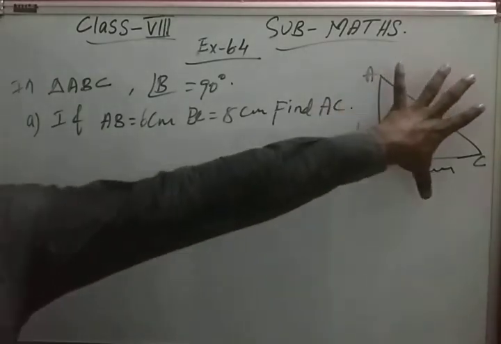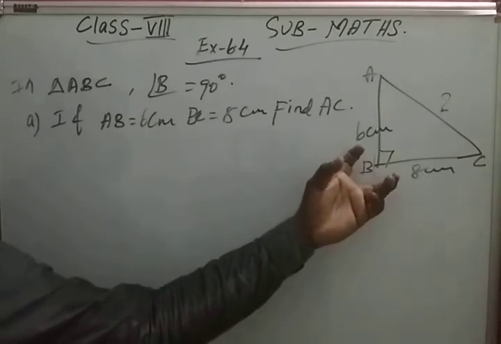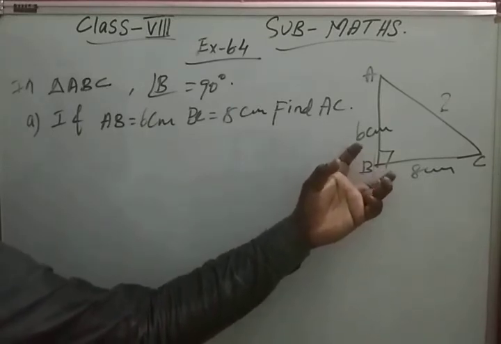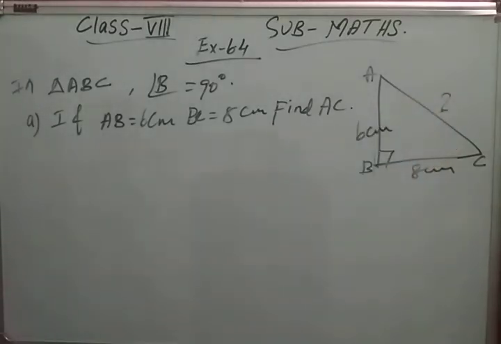When you see this picture, you may remember the Pythagoras theorem: the sum of the squares of the two legs is equal to the square of the hypotenuse.